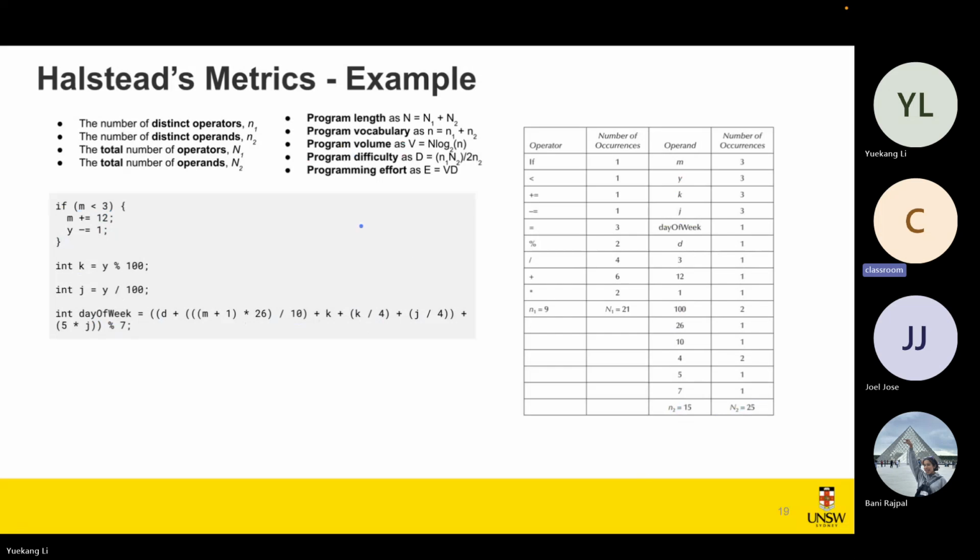And then we can calculate the rest of the metrics using these 4 basic values. So we can have the program length as uppercase N1 plus uppercase N2. So the program length is 46. And we have the vocabulary as lowercase n1 plus lowercase n2, which is 24.